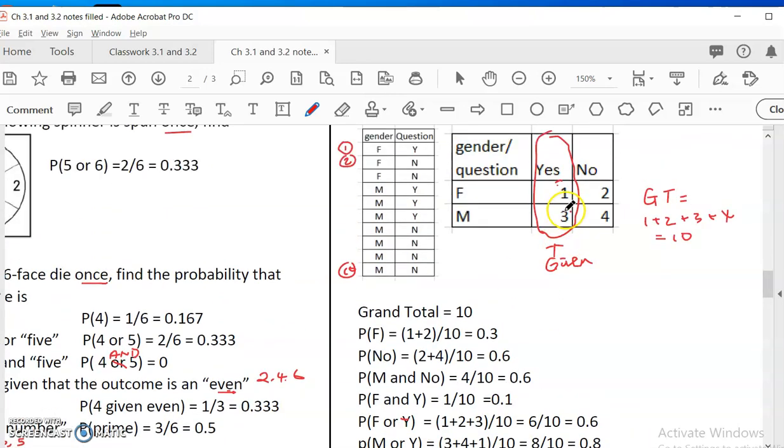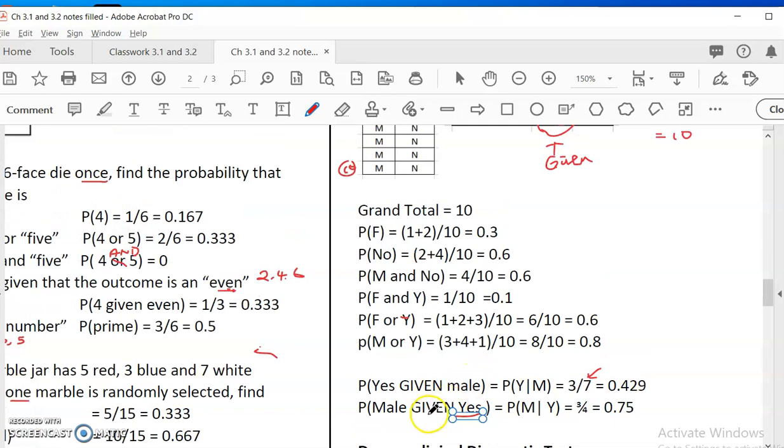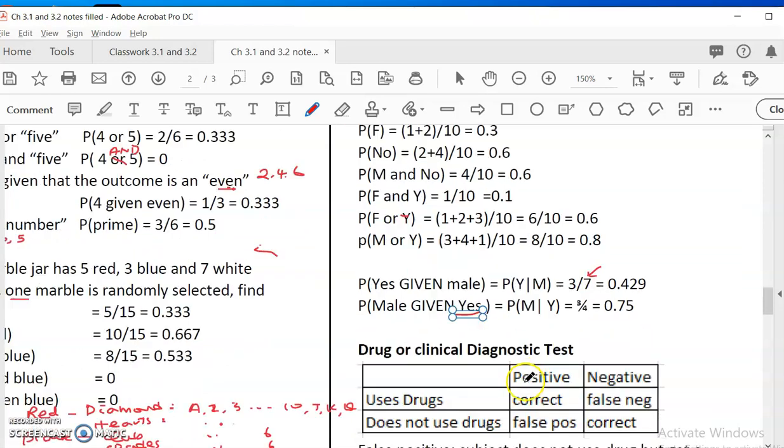Oh, 3 of them are male, right? So it will be 3 out of all the yes, which is 4. So it's 0.75. That means if you know someone is answering yes, the chance that that is a male is 75%. Okay, so you can see that there are differences. Yes given male and male given yes are different.